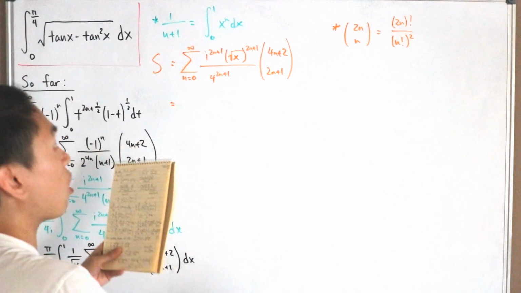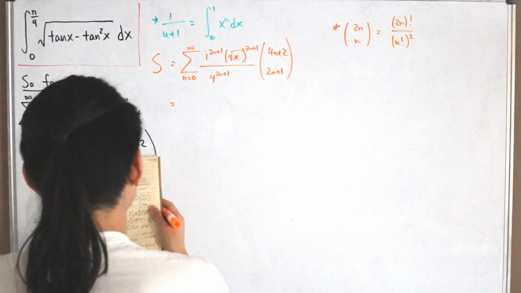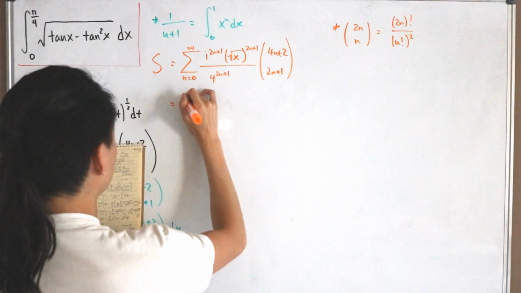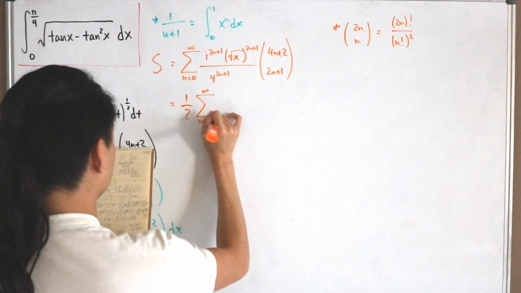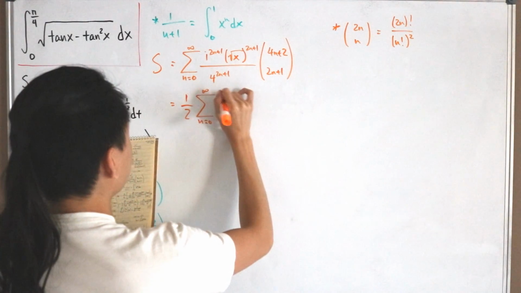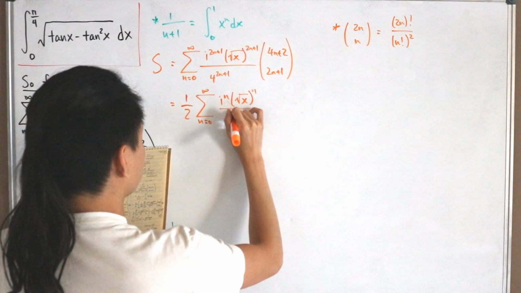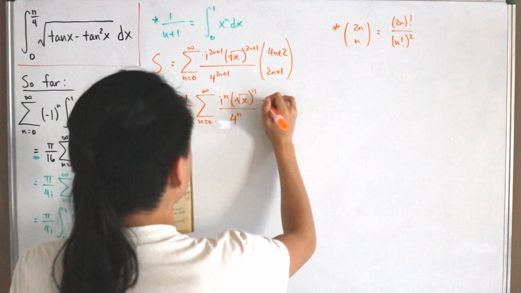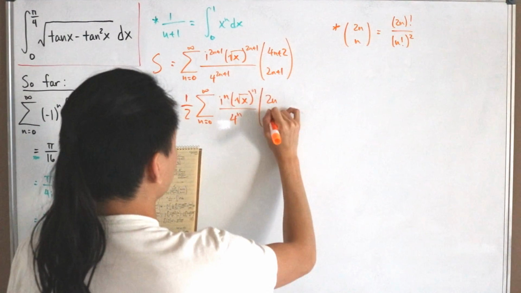After performing all this identity and the substitution, as I just mentioned, this is what we're going to get. This comes down to 1/2 multiplied by the infinite sum from n equals 0 of i to the power n multiplied by the square root of x quantity to the power n divided by 4 to the n, with the central binomial coefficient 2n choose n.